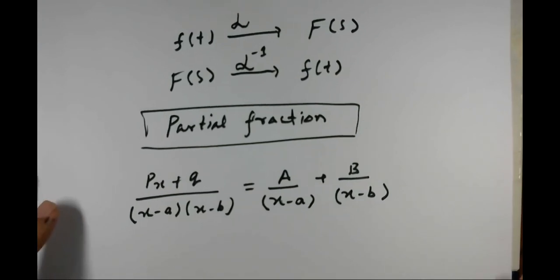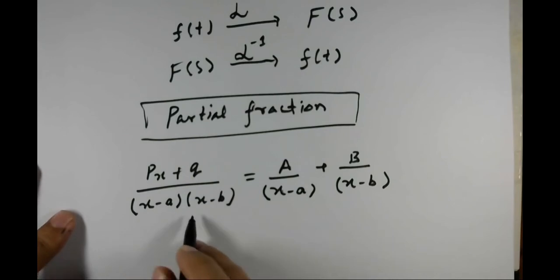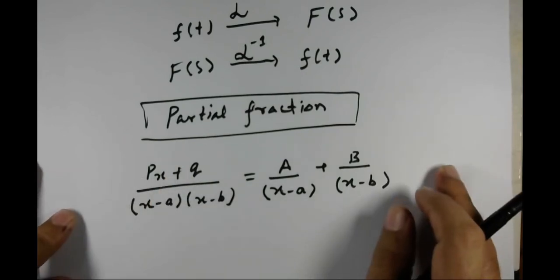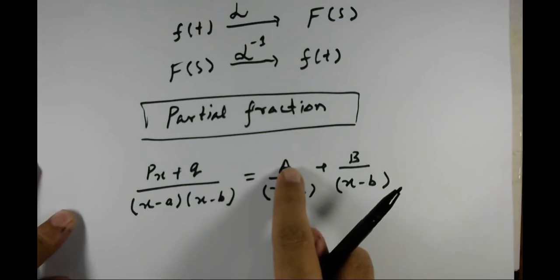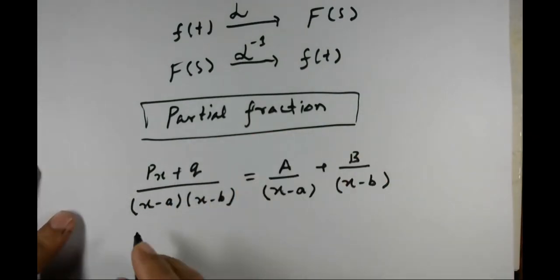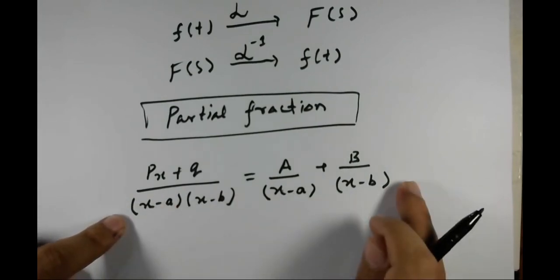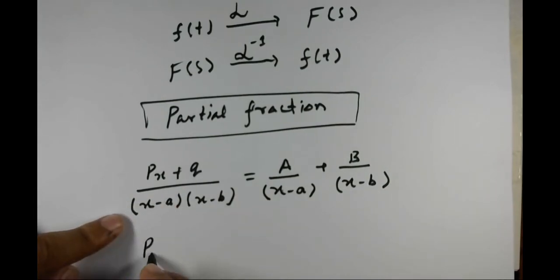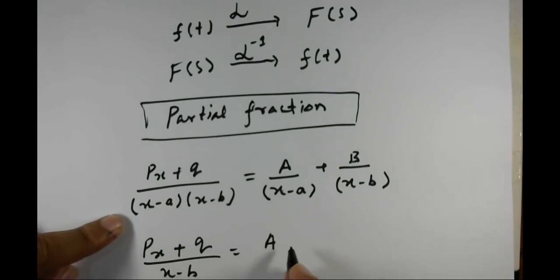I follow a simple rule: I first multiply this whole equation with (x − a) and find the value of A, then I multiply the whole equation with (x − b) and find the value of B. When you multiply the whole equation by (x − a), this is what you get: (px + q) divided by (x − b) is equal to A plus B into (x − a) divided by (x − b).